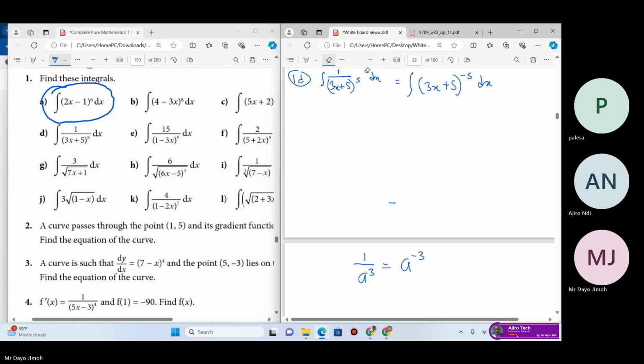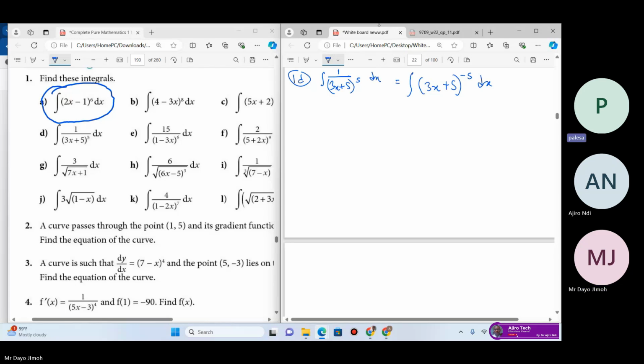Okay. Write this down. 3x plus 5. So when I integrate it, I get... no, see.